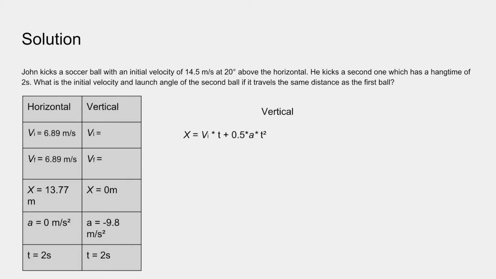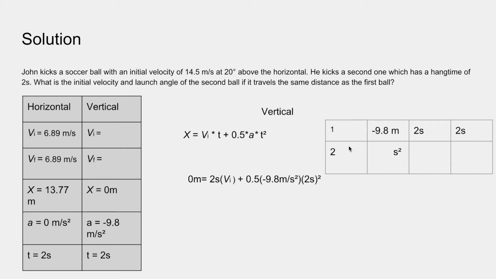We're going to find the vertical initial velocity. To do that, we take the displacement equation and plug in what we know. So 0 meters is equal to 2 seconds multiplied by the initial velocity plus 0.5 times the acceleration, negative 9.8 meters per second squared, times time squared, so 2 seconds squared. We're going to do unit analysis to solve this part of the equation first.